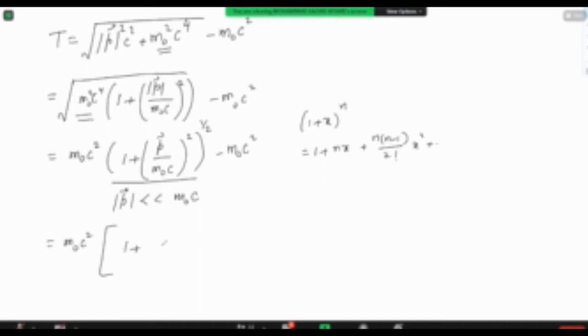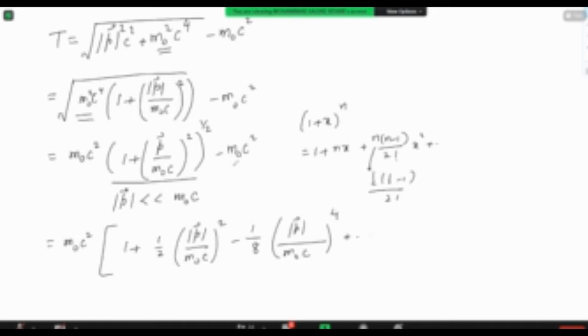Therefore, this will be 1 plus half p by m naught c whole square, minus half into minus 1 upon factorial 2. That means this will be minus 1 by 8 p upon m naught c to the power 4 plus dot dot dot.